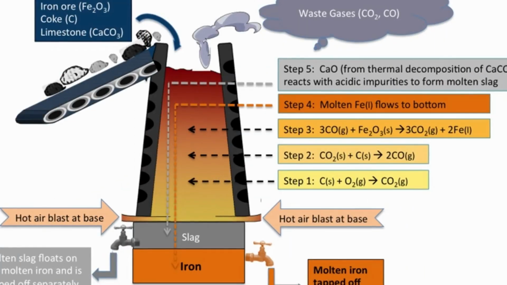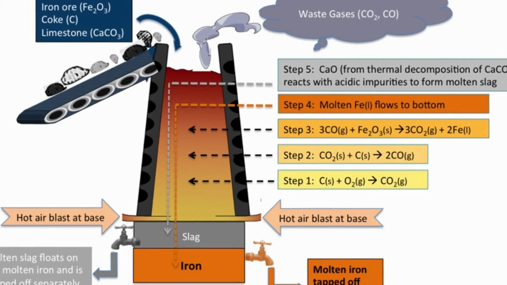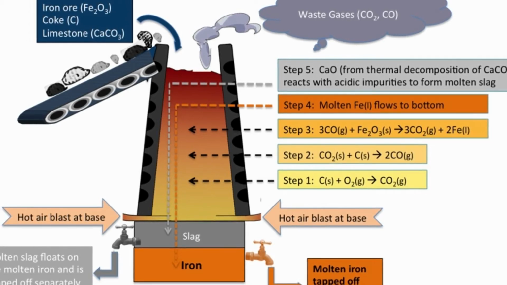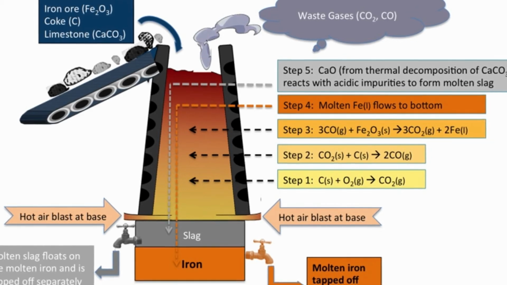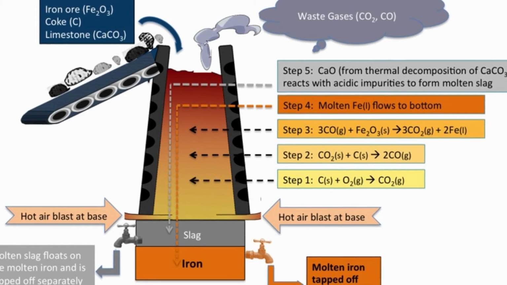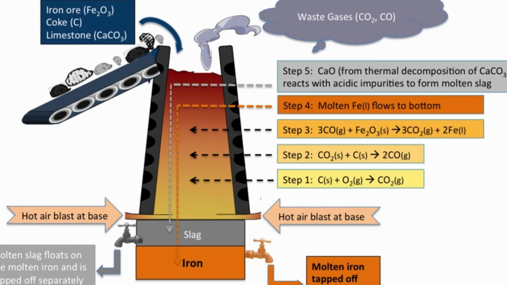Let's summarize the extraction of iron from its oxide ore, that is hematite. In a blast furnace, we will take roasted iron ore, coke and limestone and simultaneously we will blow hot air from its bottom. As a result, coke will be burned to produce carbon dioxide and it gives out a large amount of heat energy.